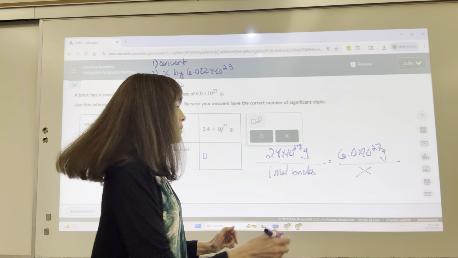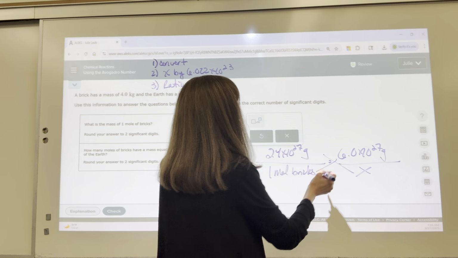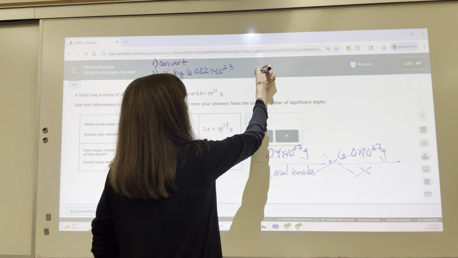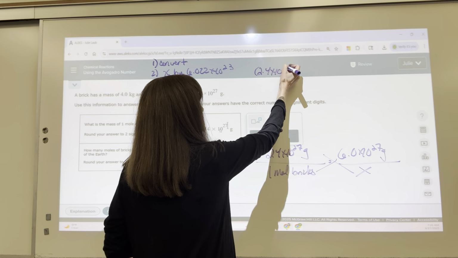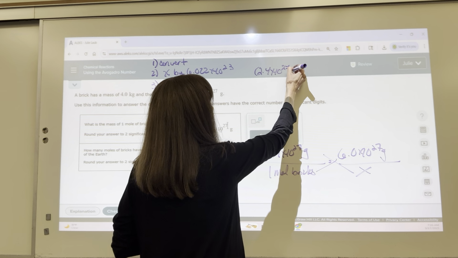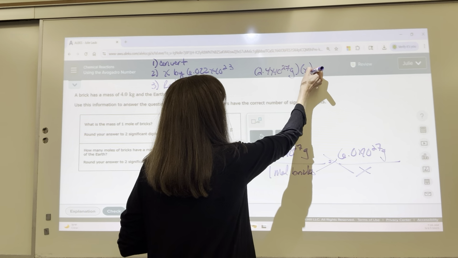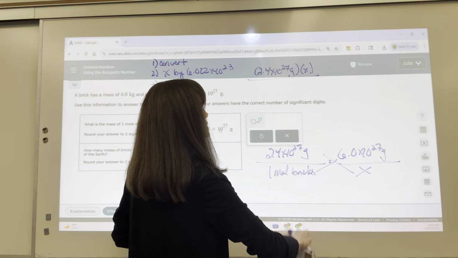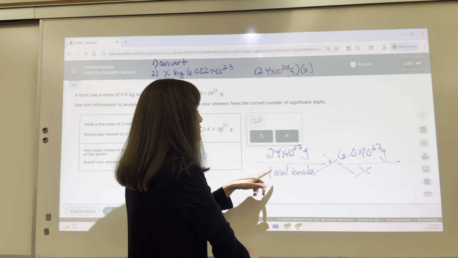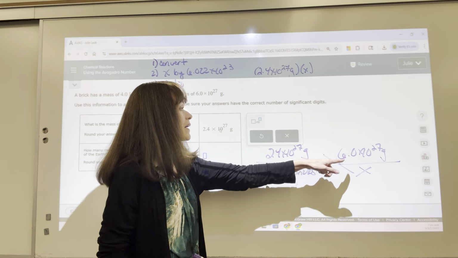Let's go ahead and cross multiply. So if we cross multiply, I'll bring this up here. We'll have 2.4 times 10 to the 27 grams times x. I'll go ahead and multiply the 1 mole times my mass.